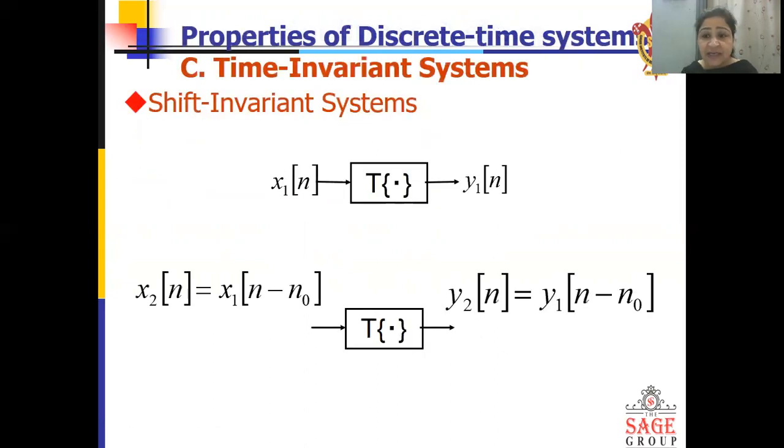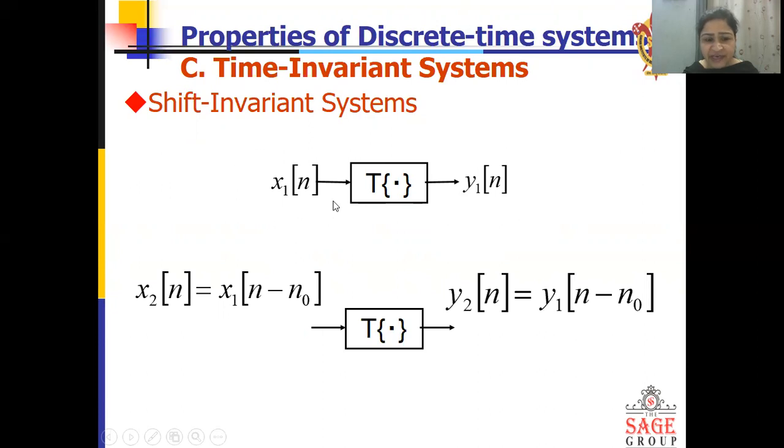Now, next classification is the time invariant system. A time invariant system is a system whose characteristics do not vary with time. That means if I have any discrete time system and I give input x1[n], output y1[n] is generated.